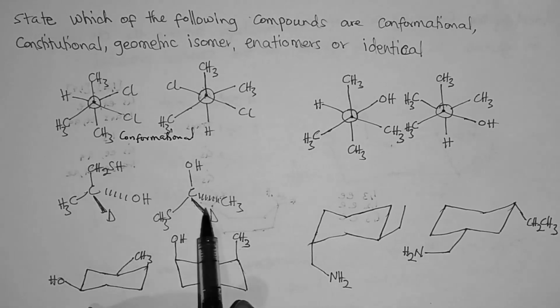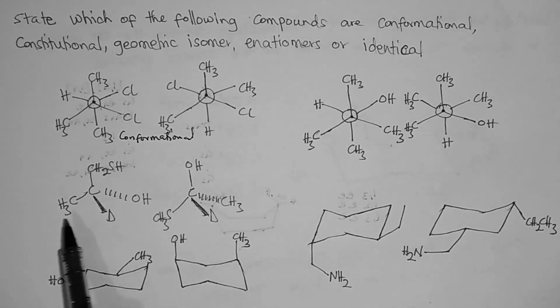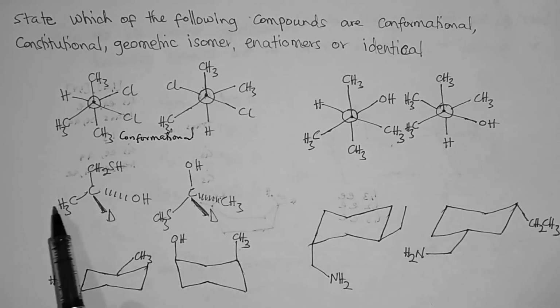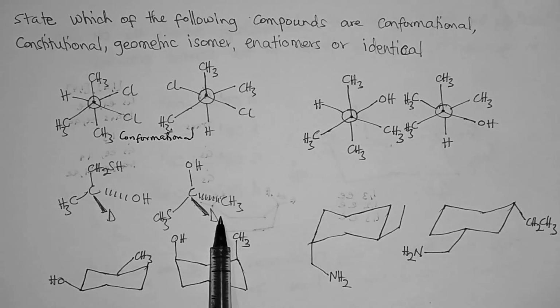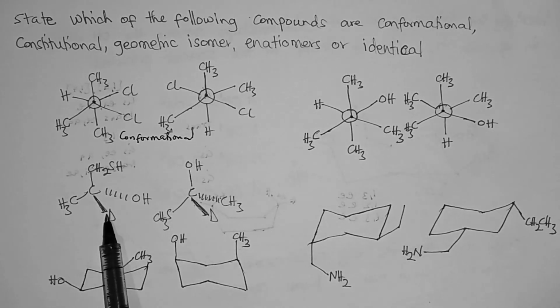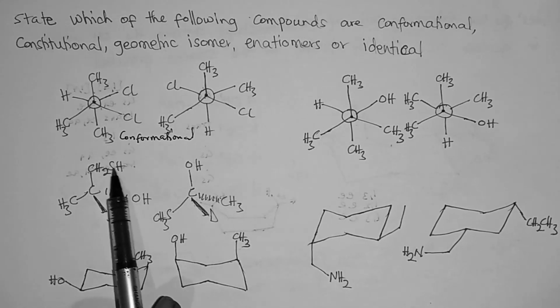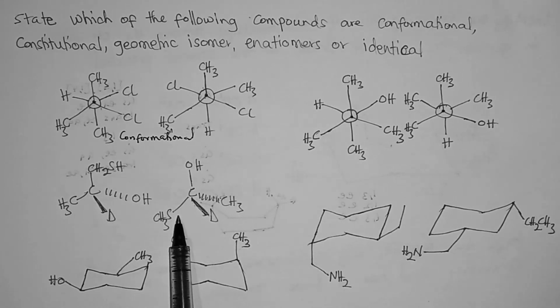Then what about these two? Now, these two, you can see that there's an OH here, OH here. There's a CH3 here, CH3 here. There is a deuterium here, and there's also a deuterium here. Then there is a CH2SH, but here it is rather an SH before a CH3.